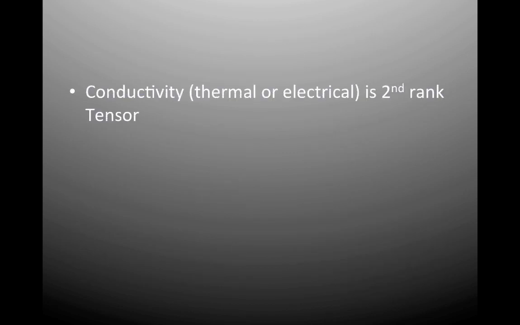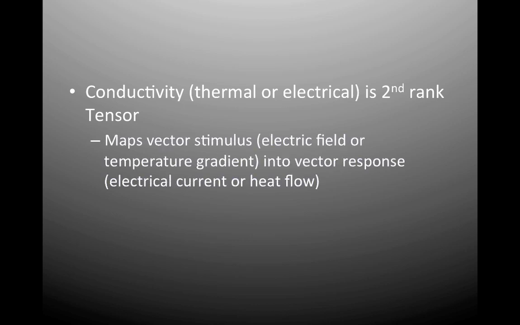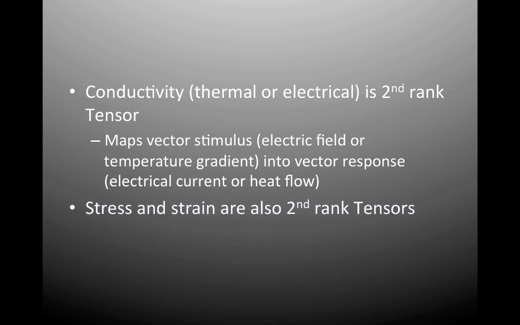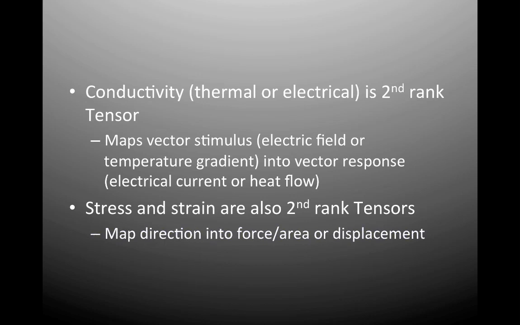Now, conductivity, either thermal or electrical conductivity, is a 2nd rank tensor. It maps a vector stimulus, the electric field or the temperature gradient, into a vector response, an electric current or a heat flow direction. Stress and strain are also 2nd rank tensors. They provide a map between a direction to either a stress, a force per unit area, or to a displacement.